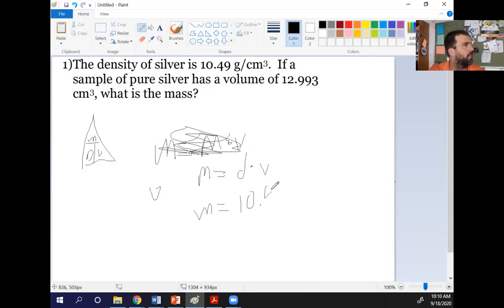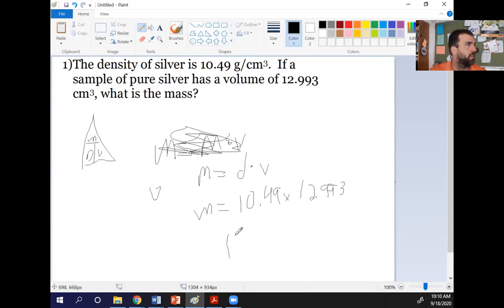All right, so what's the density? 10.49 times, what's the volume? 12.993. Now how many figures do I need in my answer? 4. So what's my answer?